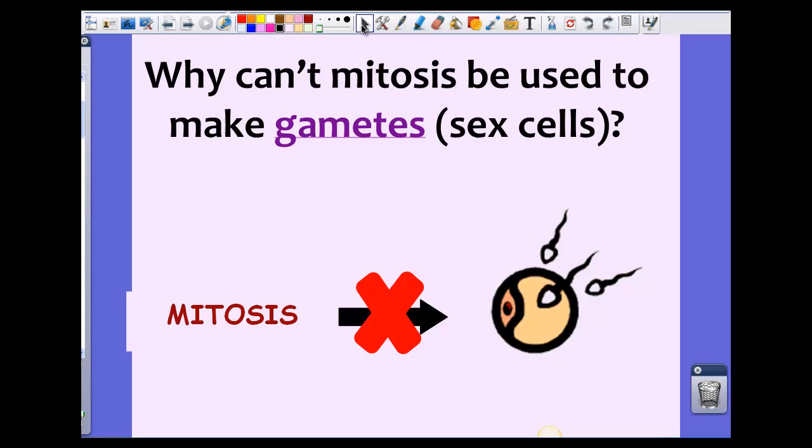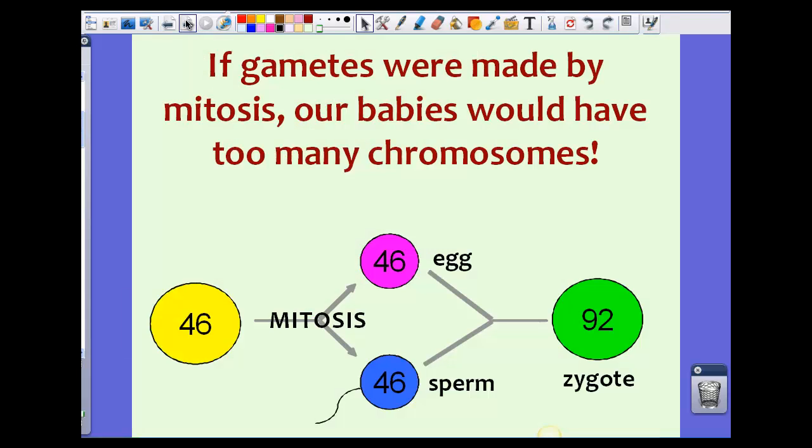So why can't mitosis be used to make gametes or sex cells? Gametes are called sex cells. Well, if gametes were made by mitosis, our babies would have too many chromosomes. If all humans have 46, and then we go through the process of mitosis, remember that creates 2 daughter cells, exactly the same.